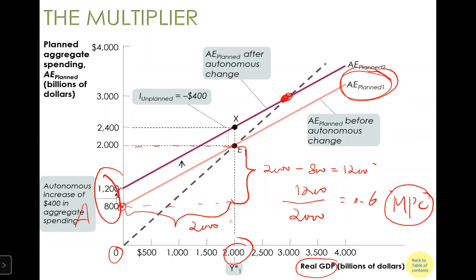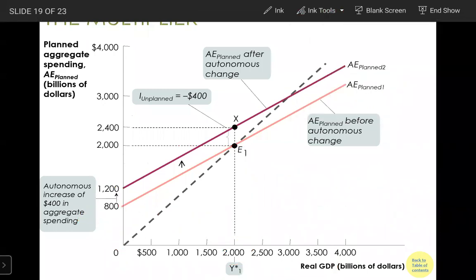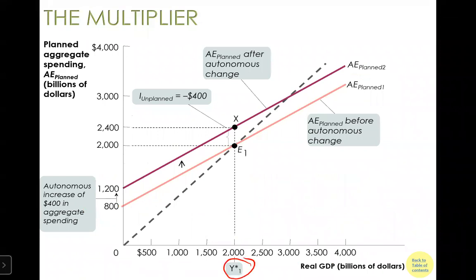So let's just erase everything so we can see the adjustment better. Originally we are here, in equilibrium, Y equal to 2,000, right? So originally the aggregate expenditure is 2,000. But because of the increase in autonomous spending, immediately, before we do anything, the aggregate expenditure will increase to 2,400. That just means there's an unplanned inventory decline of 400, right?